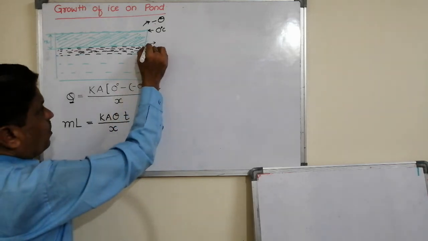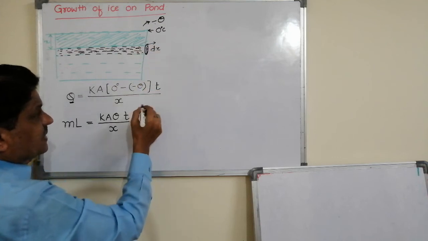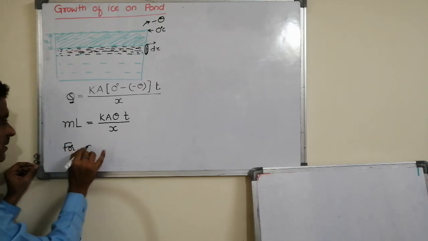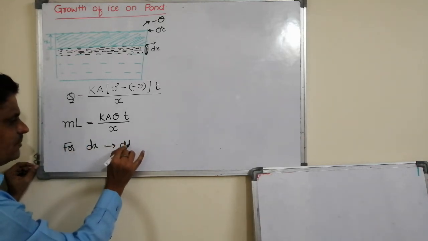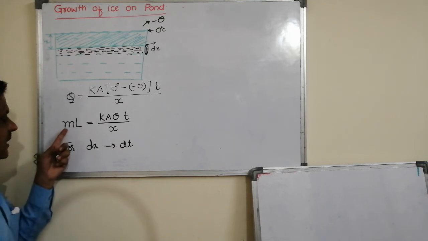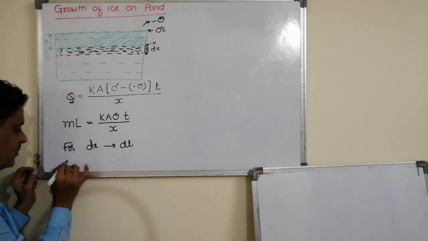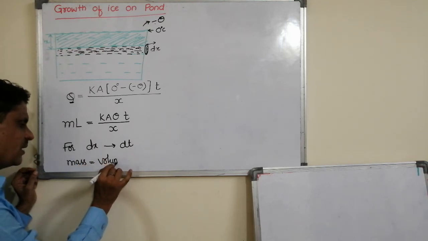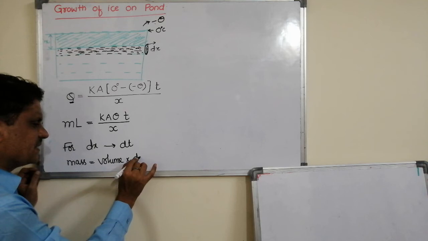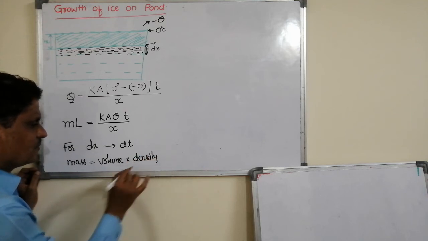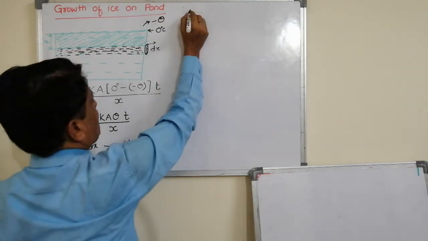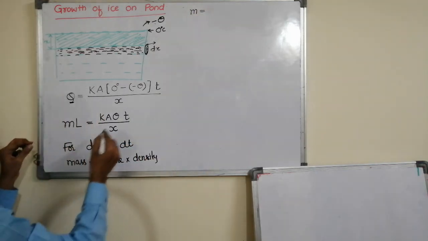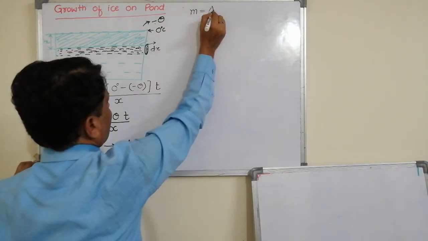To form this small distance dx, say it has taken a small time dt. For that, how do you write mass? You know mass is equal to volume into density. So I will take m equal to volume, which means area into length.